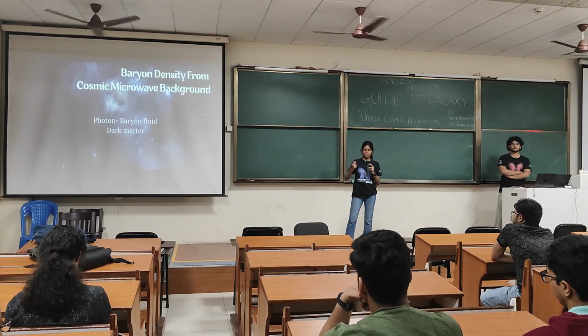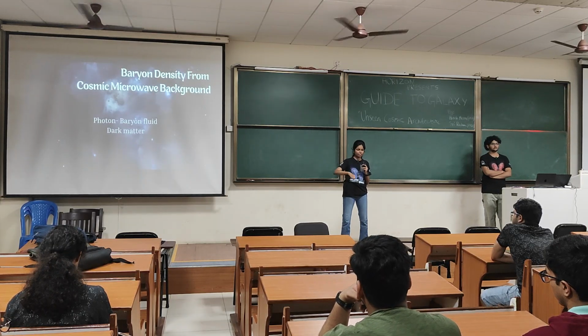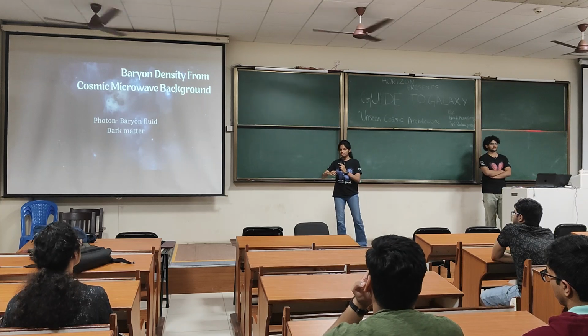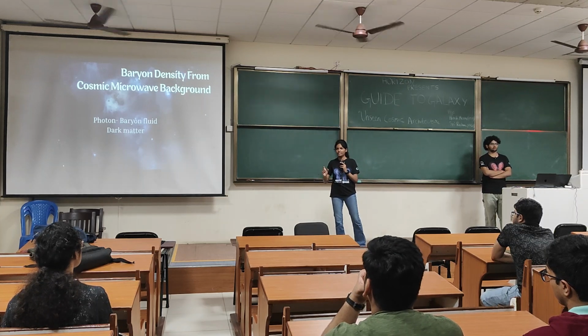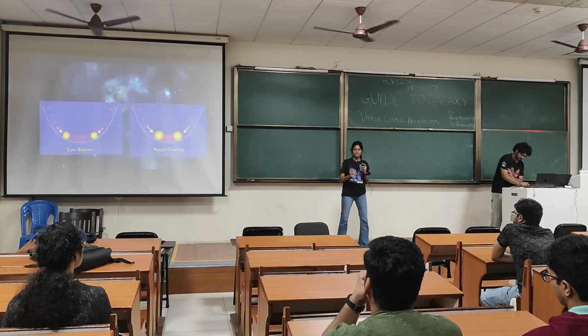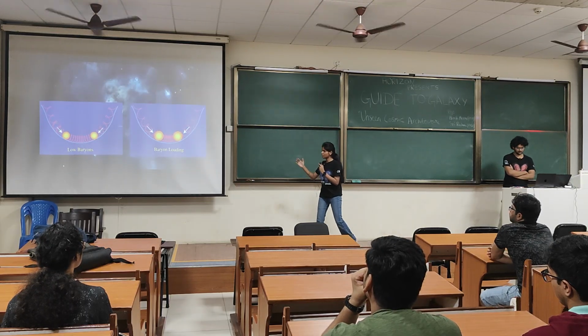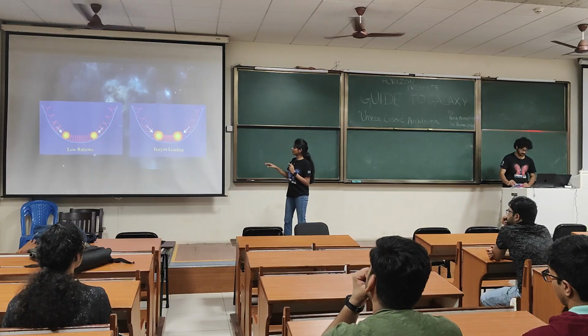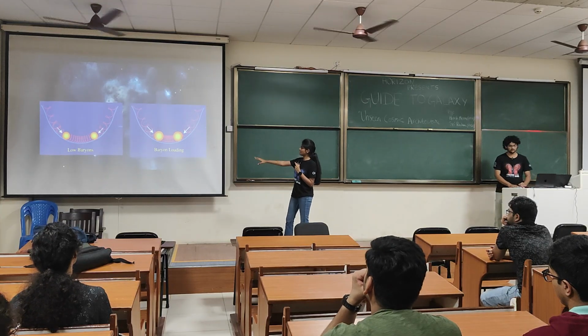So basically a lot of dark matter clumps together, and thus we name it an overdensity. It will form a gravitational potential well. Now I have just given this as an analogy.